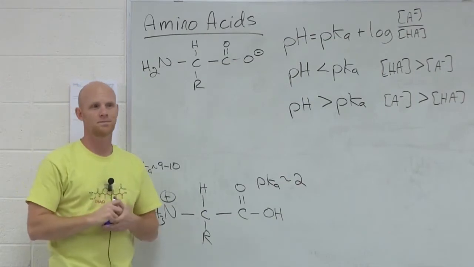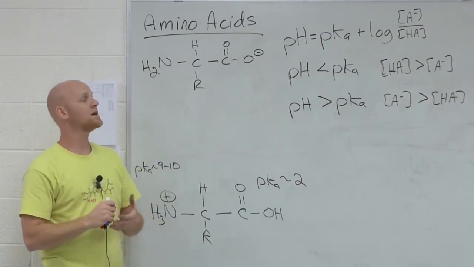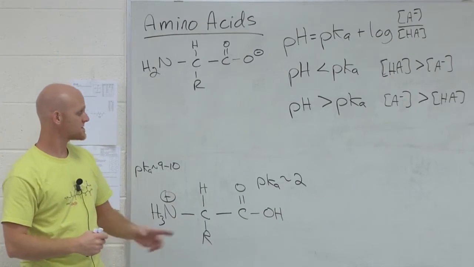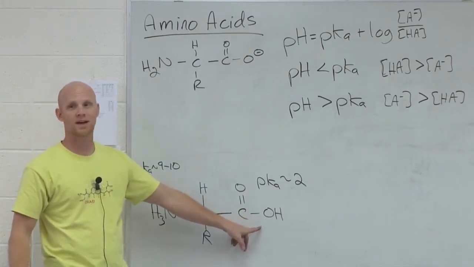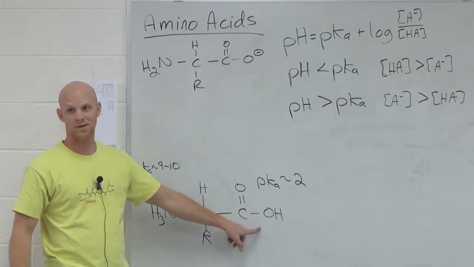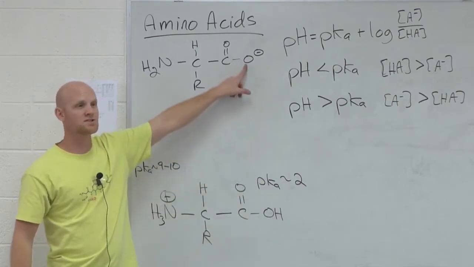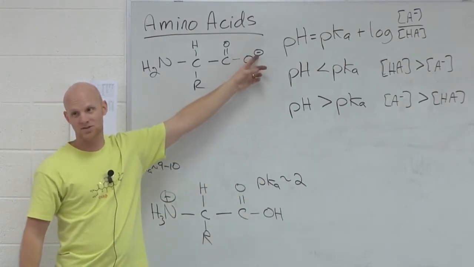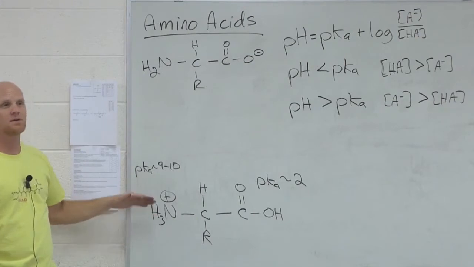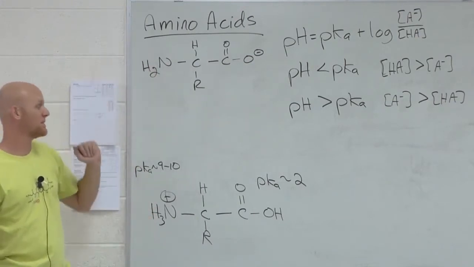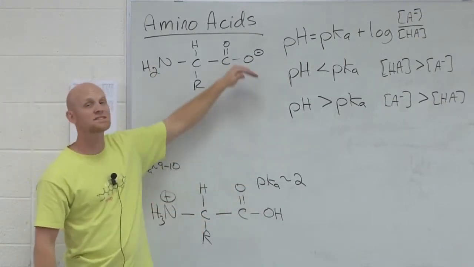carboxylate. Cool, so now here's a source of confusion. What's the charge on the acid form of a carboxylic acid? There isn't one. But what's the charge on the conjugate base? -1. So notice for the amine, it was plus versus neutral. But for the carboxylic acid, it's neutral versus negative.